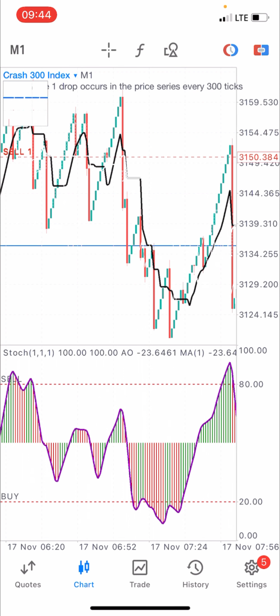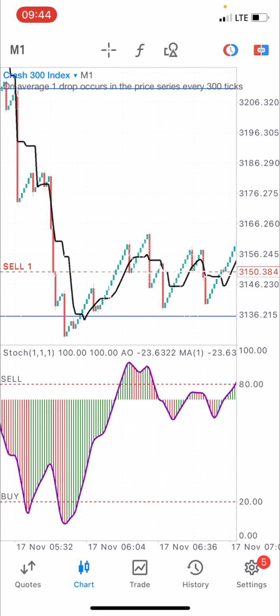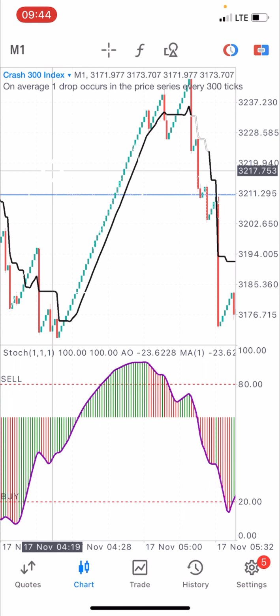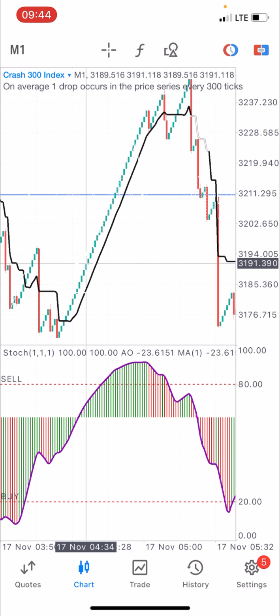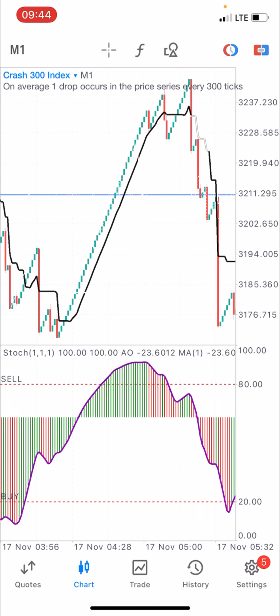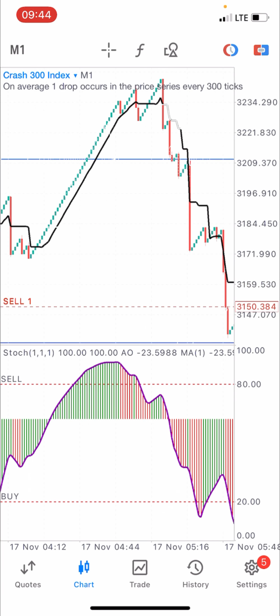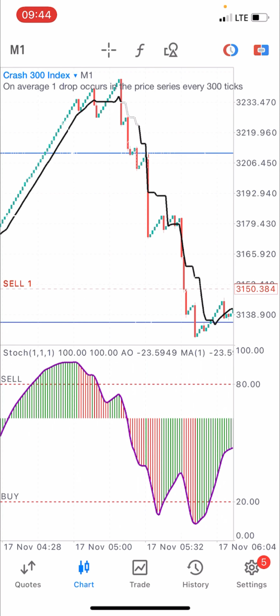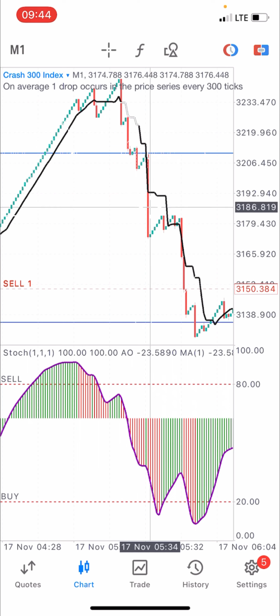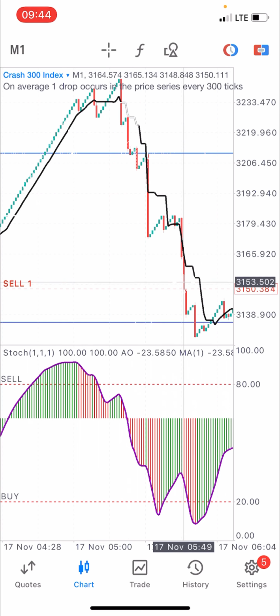This is the price being above, and this is where the market was buying. And now, once it comes from being above to being below the Ichimoku, as it is here, it's now below it, you now know that it's a sell.